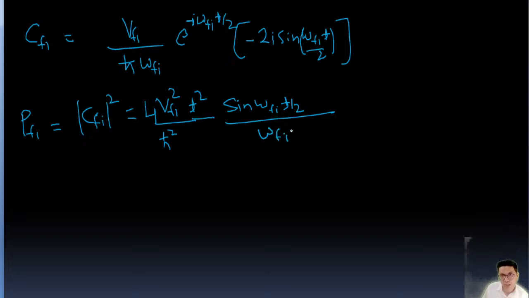omega fi t square. Okay, we have multiplied by t square and divided by t square. There is a reason for doing that. So t square and 4 is here, right?